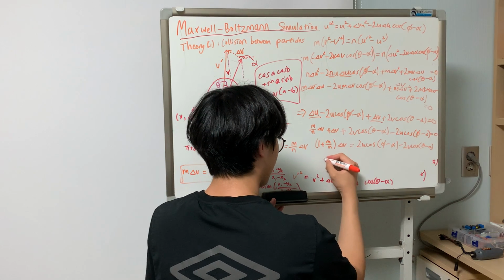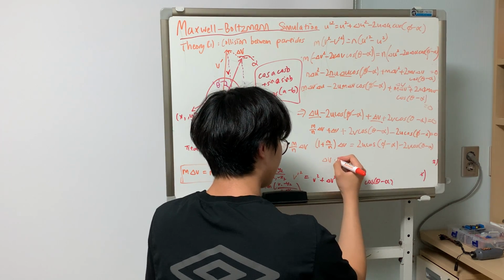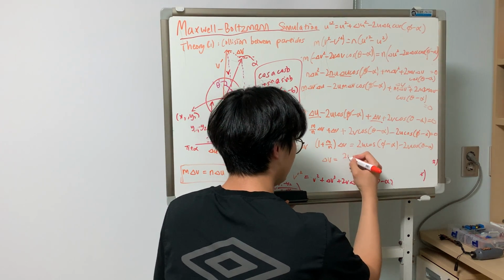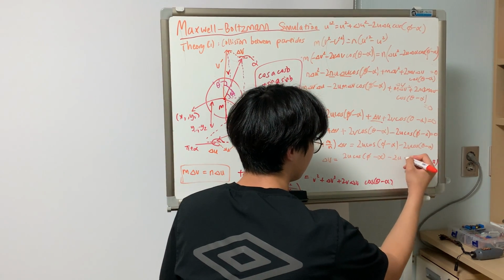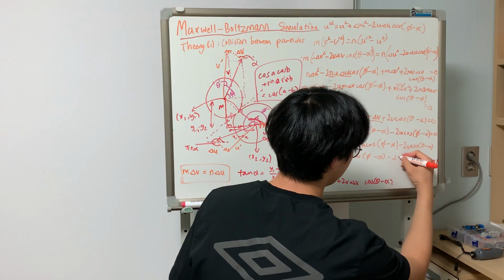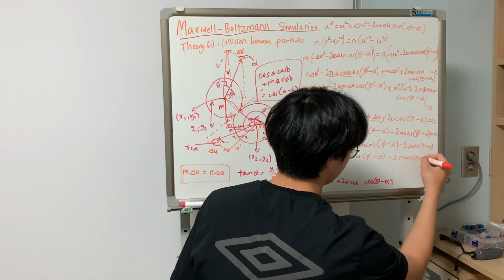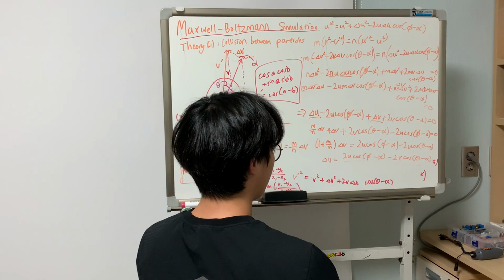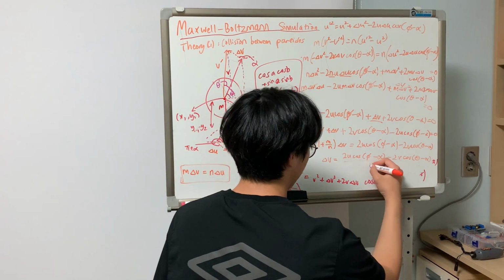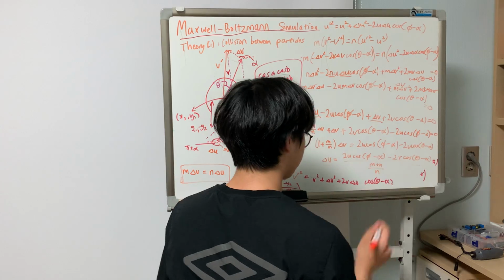And thus we could get our expression for delta v, which is 2u cosine of phi minus alpha minus 2v cosine of theta minus alpha over 1 plus m over n, which is m plus n over n.